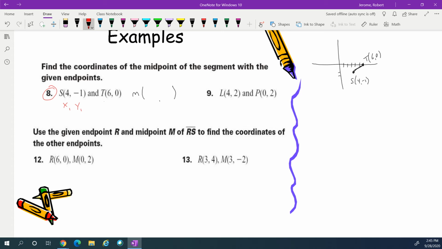T is point 2, so that's x2, y2. And then the middle, that's xm, ym. And my formula says use the x's. The middle equals the first end plus the second end over 2.